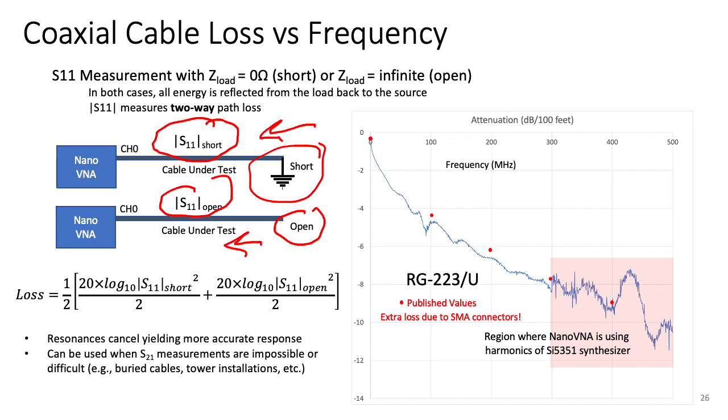So what I'm going to do is average those two out. I'm going to take the 20 log of S11 for a short circuit and divide it by 2. That should be the one-way path loss in the upper example, example number 1. And the second term is 20 log of S11 with an open circuit divided by 2, and that's the one-way path loss with the second measurement configuration.